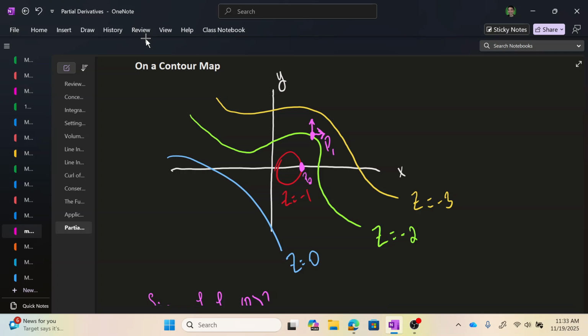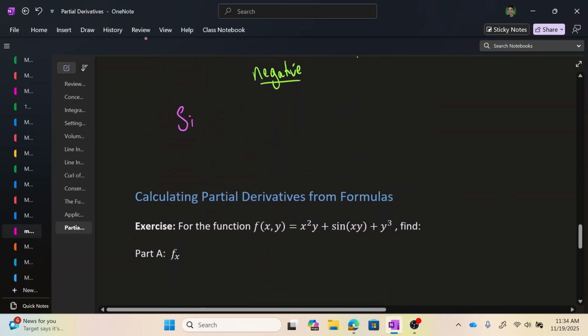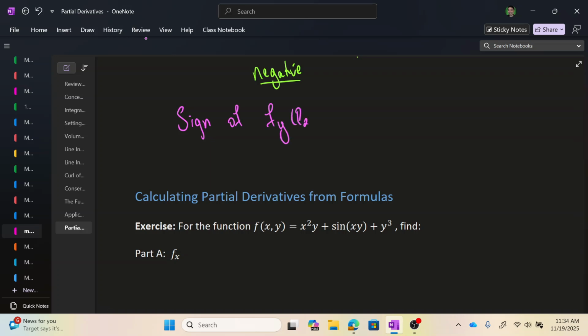And in particular, I would like to consider the effect of a slight movement straight up at that location to help me to find the sign of the partial derivative in the y direction at that location.